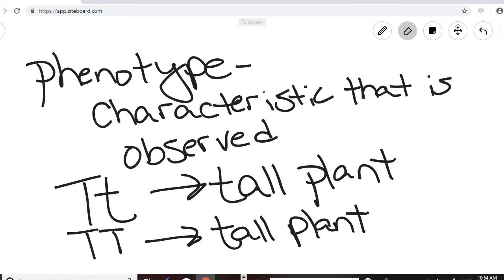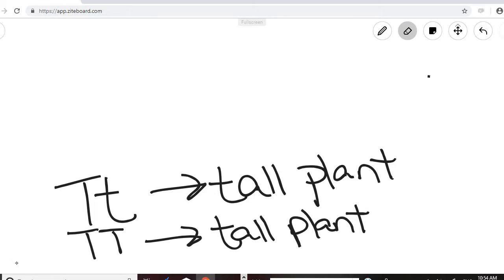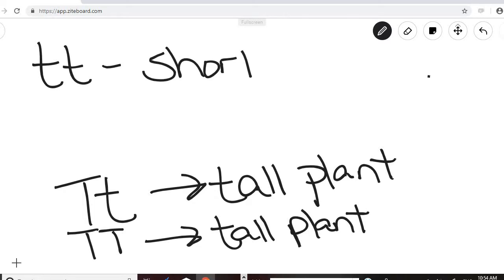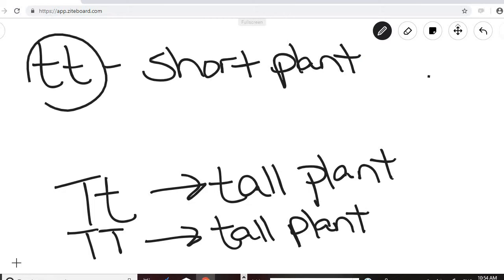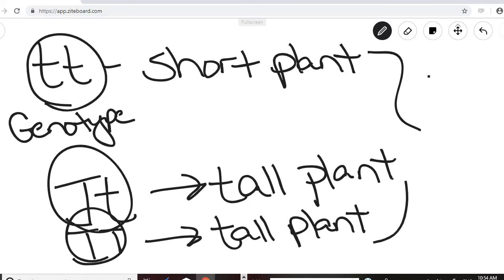But if the genotype was this, that would be a short plant. Okay, so the two letter designation is called the genotype. And the observable trait, what you can see, is called the phenotype.